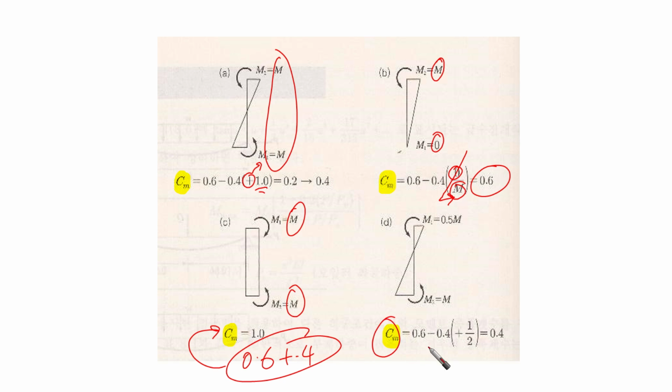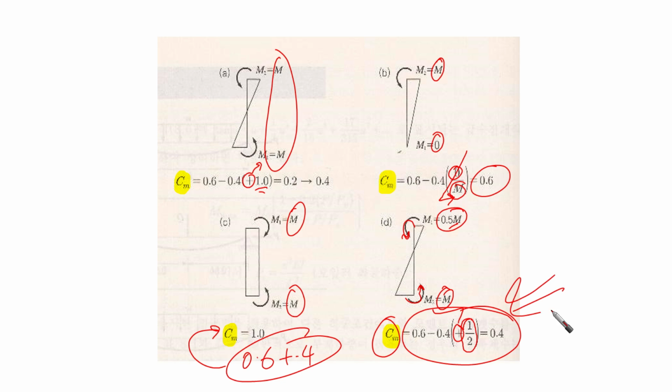And Cm, for this case, if we have M here and 0.5 M, for example, so here it is 0.5 over M, so it is half here, positive because they are in the same sense. This means that Cm is going to be 0.4. So what is the meaning of 0.4 here?